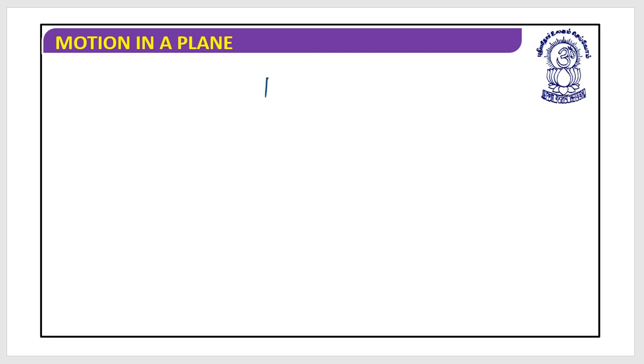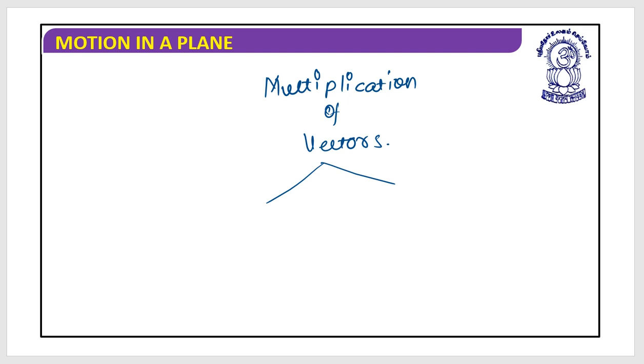When we multiply two vectors, I could have two different answers. One is scalar multiplication, and another is vector multiplication.